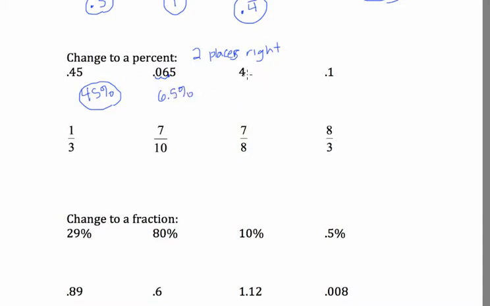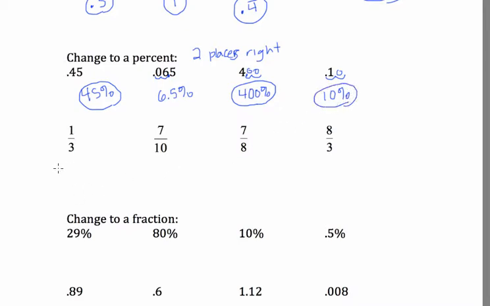The number 4, the decimal point is right here. So 2 places right, I put zeros in the spots. This would be 400%. Again, if 1 is 100%, it makes sense that 4 is 400%. 0.1. A common wrong answer here I will get is 1%. That's not right. You have to move 2 places. 1, 2. Put in a 0. 0.1 is the same thing as 10%.